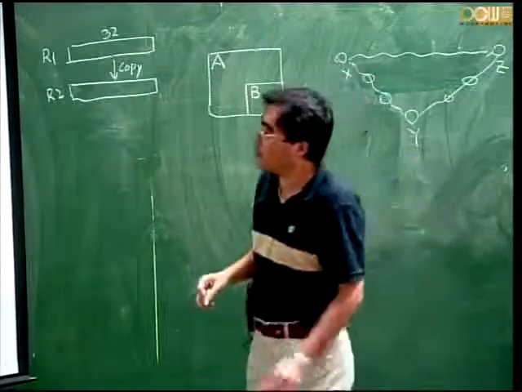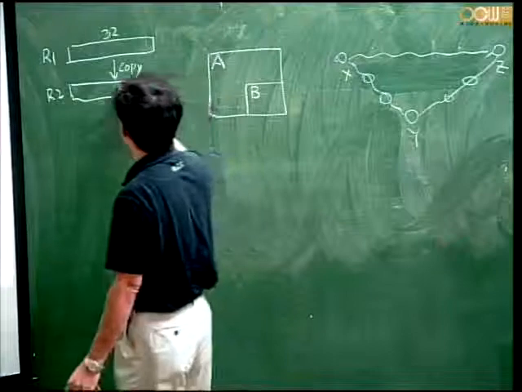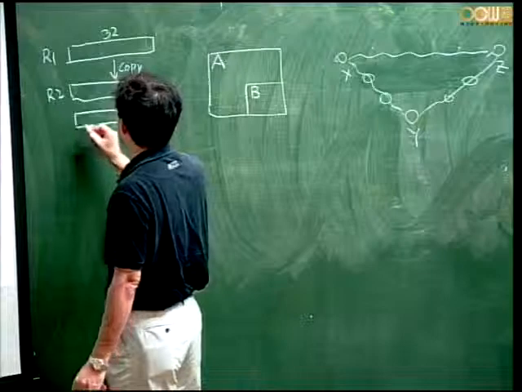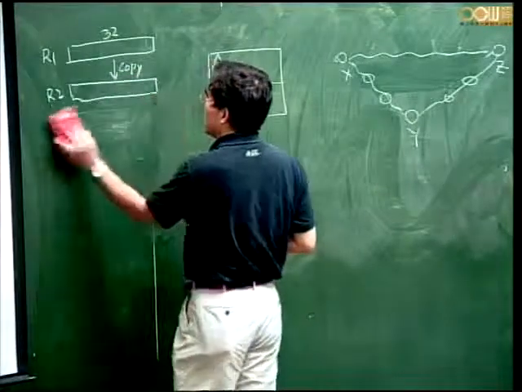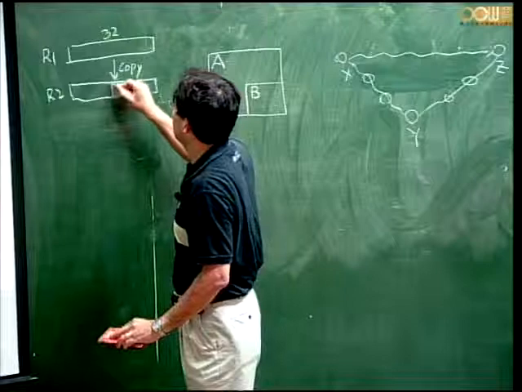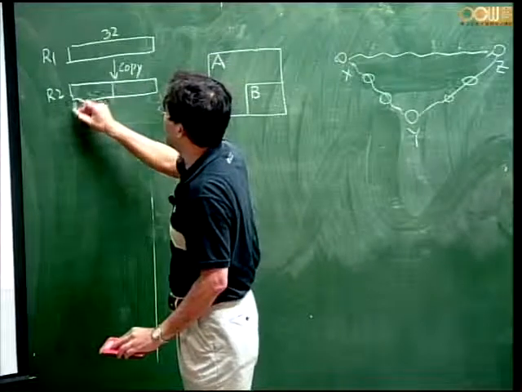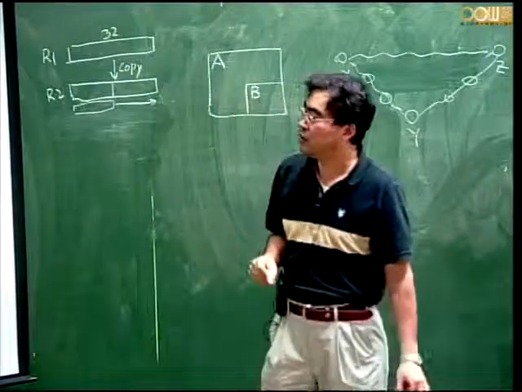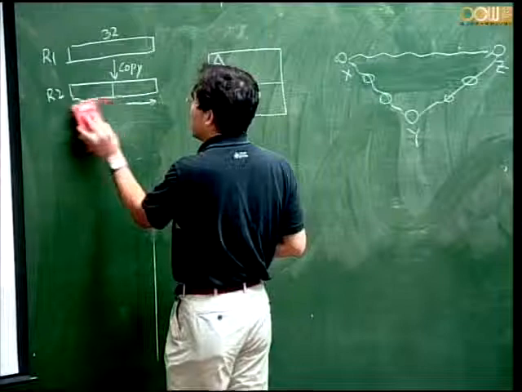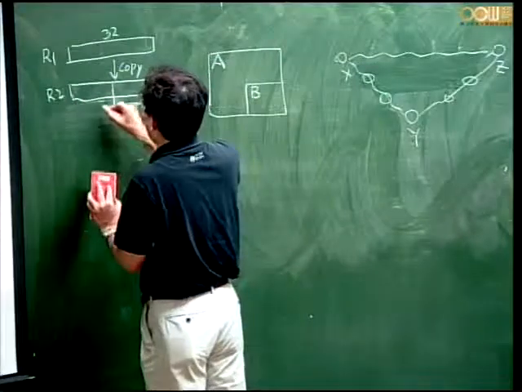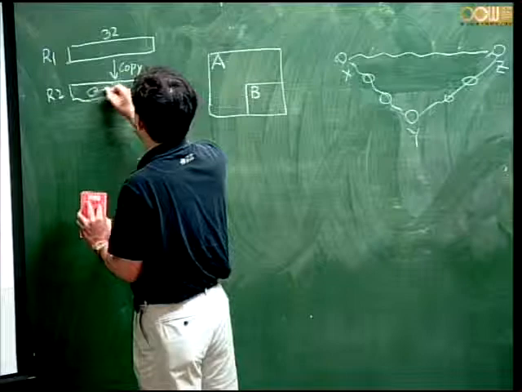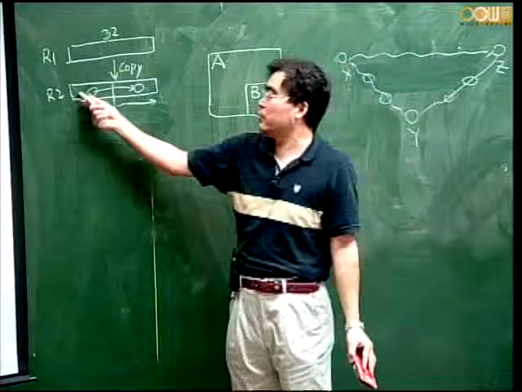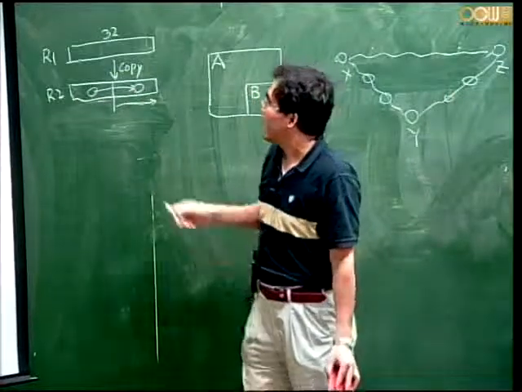And then I shift the content by 16 bits. So these 16 bits are now here. And then I do what?